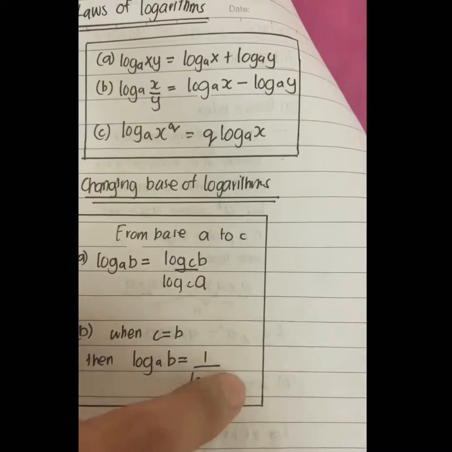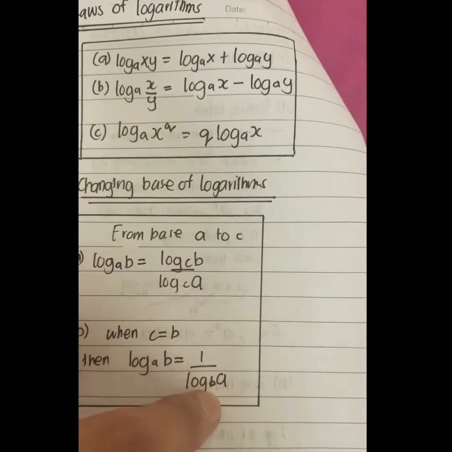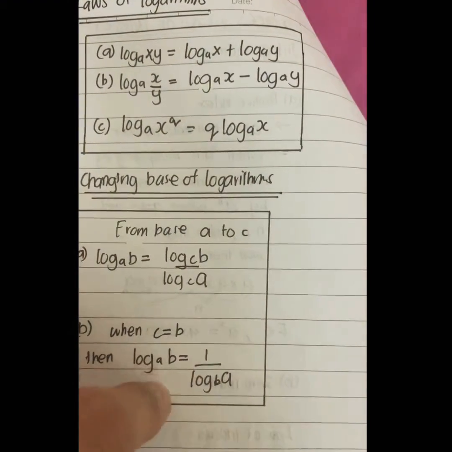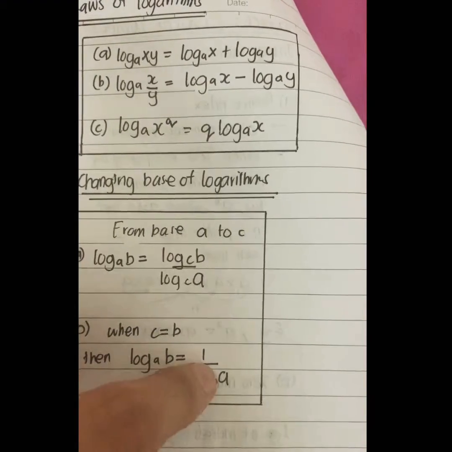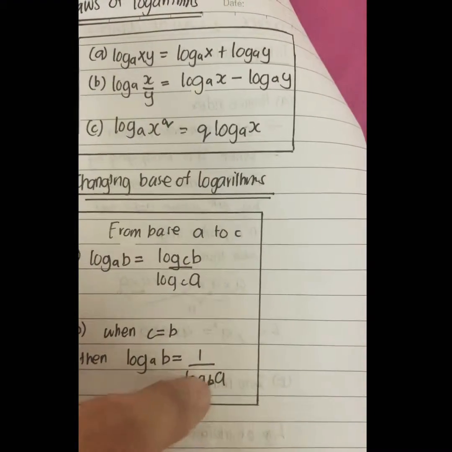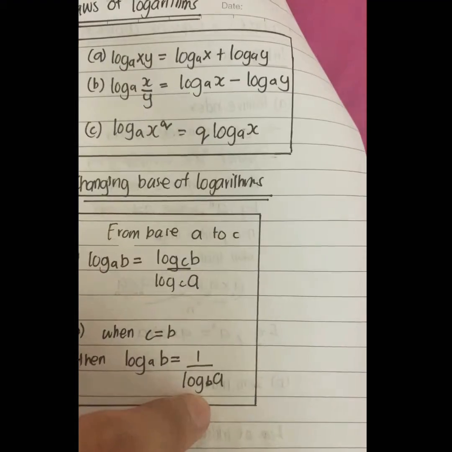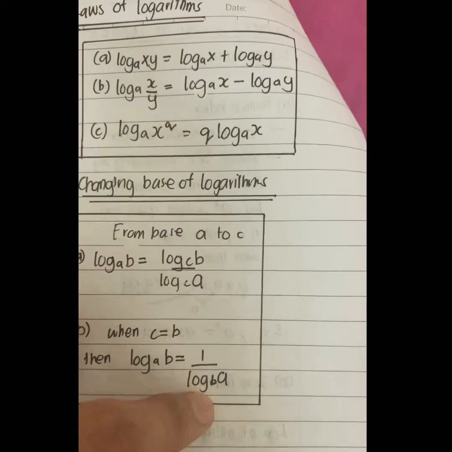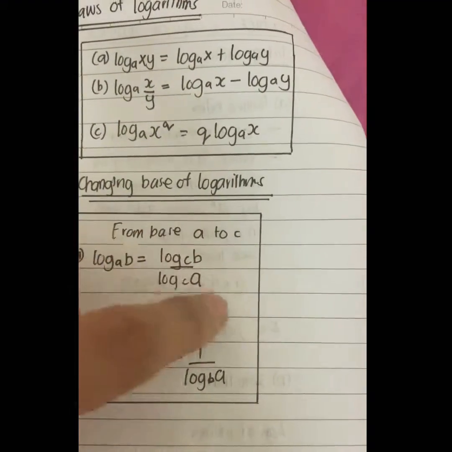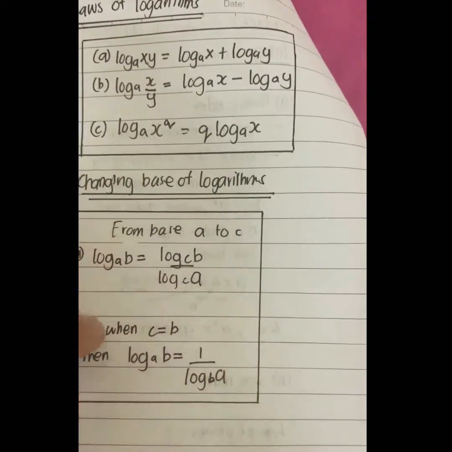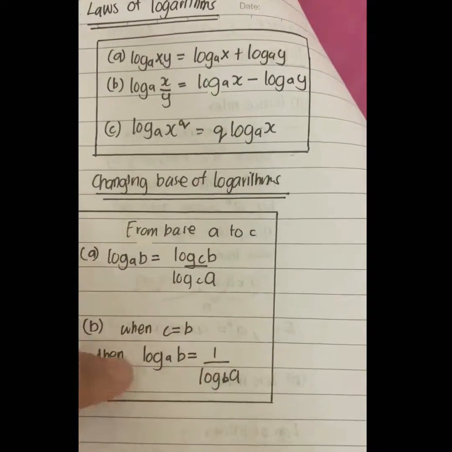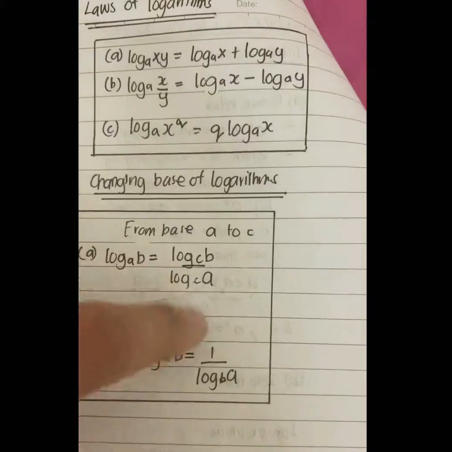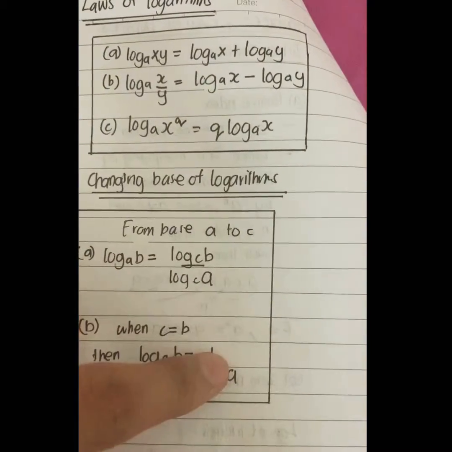Then log a to the base b. So this will be equal to 1 over log a to the base b. That's all. You must remember how to change the base. And this is the example for when c is equal to b.